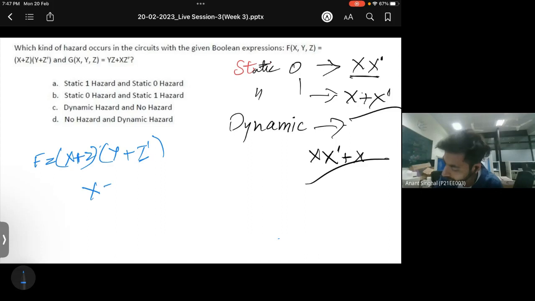If we take x, y both as 0, then what will be the f? Please respond.